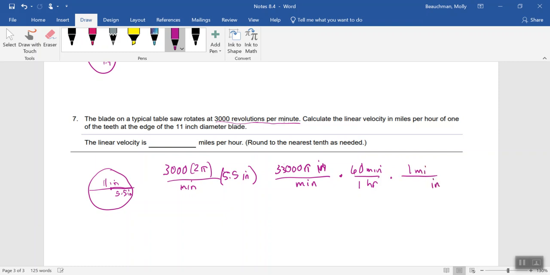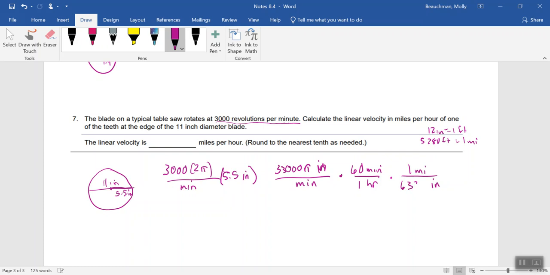Well, I know that 12 inches equals 1 foot, and 5,280 feet equal 1 mile. So if I take 12 times 5,280, that gives me how many inches in a mile, which is 63,360.